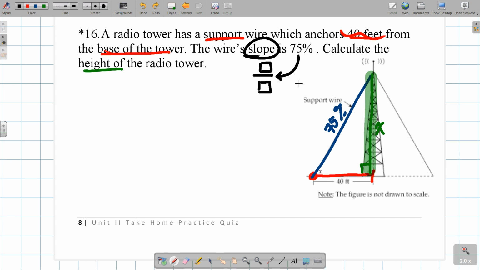And then if you don't know what to do, you always do what you can do, which you always can: at least write out the equation. Slope is rise over run. You're going to use that setup to solve for your unknown.